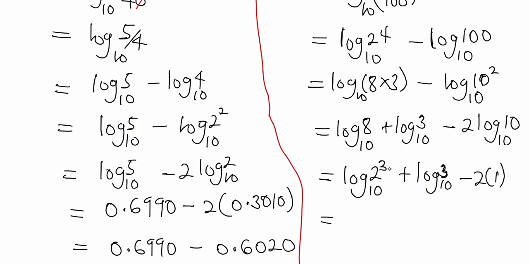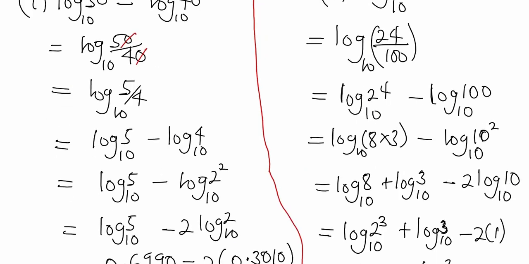Now with this exponent 3, it can also be written as a coefficient to the logarithm of 2 base 10. So we have 3 logarithm of 2 base 10 plus logarithm of 3 base 10, and 2 times 1 gives us minus 2.